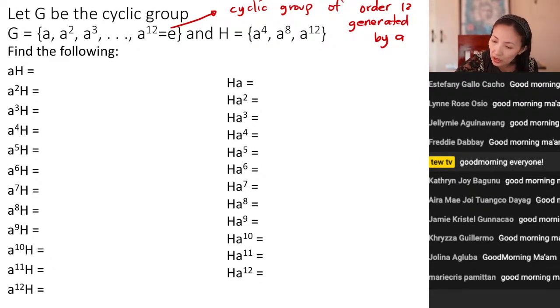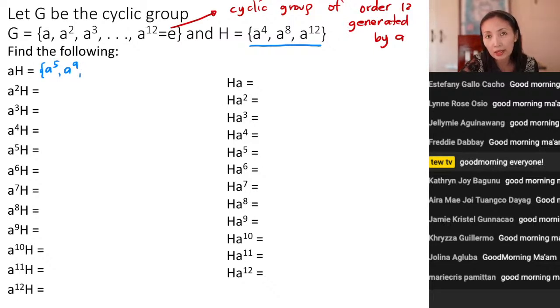What is AH? We simply multiply A to each of the elements of H. The first element would be A times A to the 4th, which is A to the 5th. Next, A times A to the 8th will be A to the 9th power.